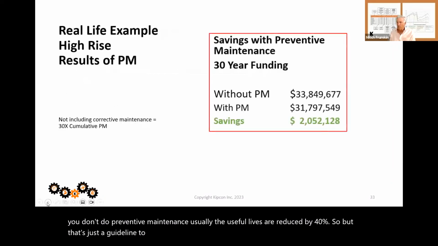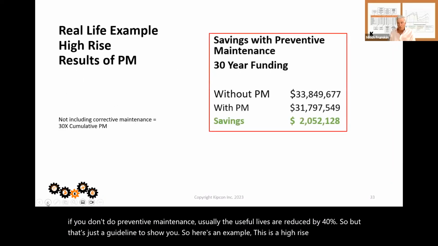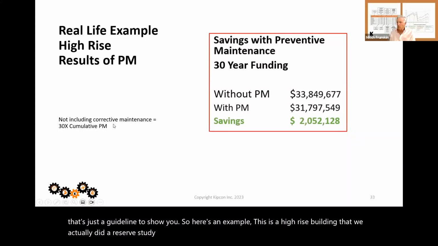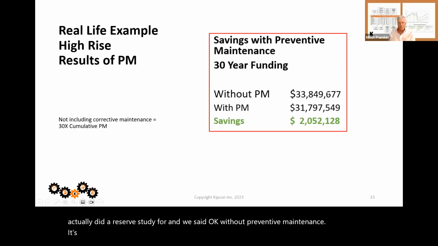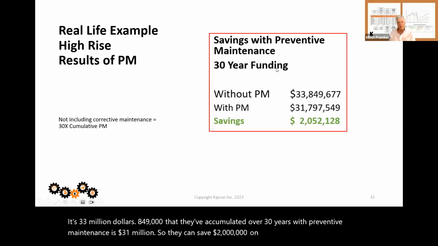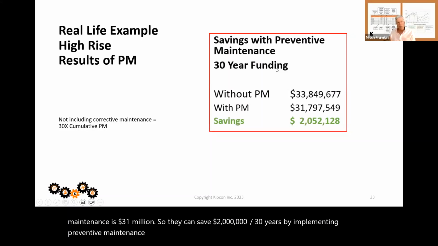So here's an example. This is a high-rise building that we actually did a reserve study for. And we said, okay, without preventive maintenance, it's $33,849,000 that they're accumulating over 30 years. With preventive maintenance, it's $31 million. So they can save $2 million over 30 years by implementing preventive maintenance, just based on what I just showed you.